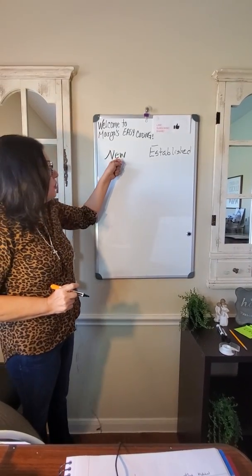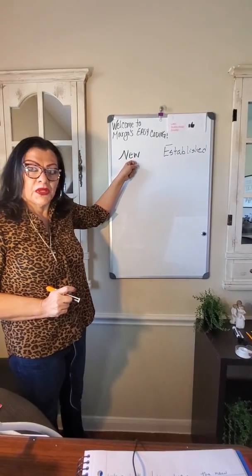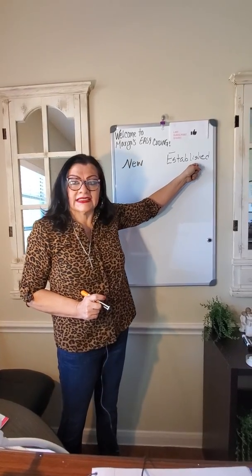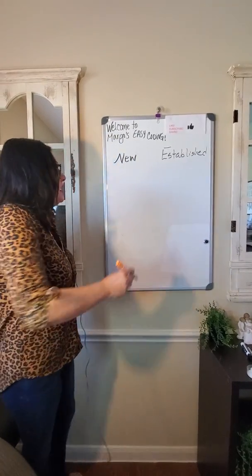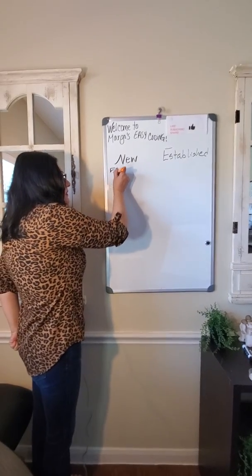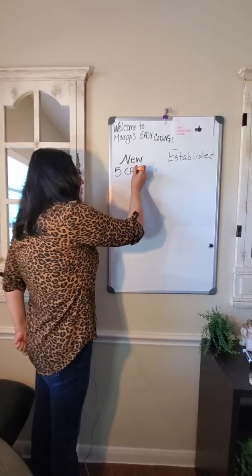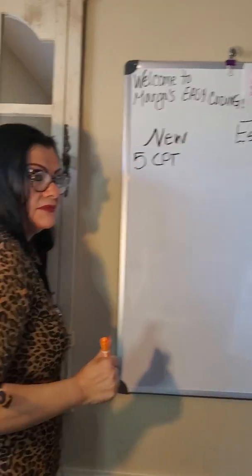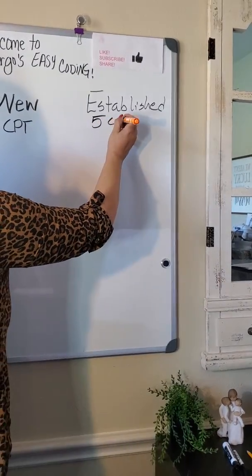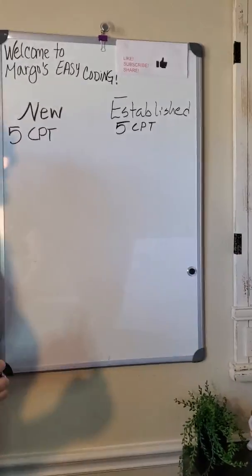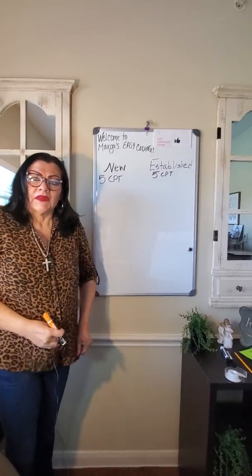So now that you know if you're going to be coding for a new patient or for an established patient, we can start. We have 5 CPT codes for a new patient. And we also have 5 CPT codes for an established patient.